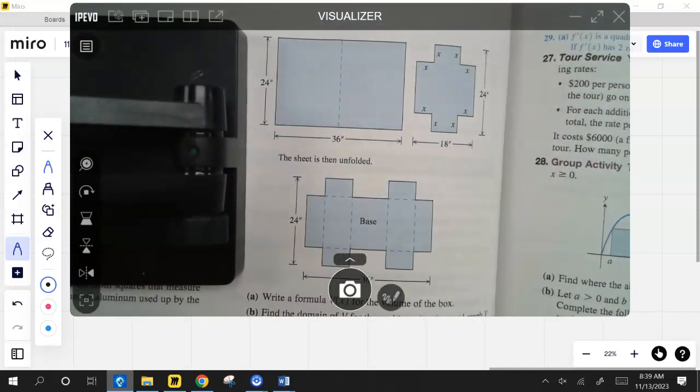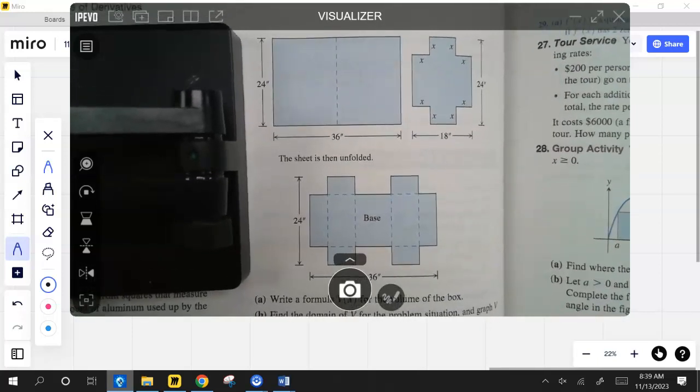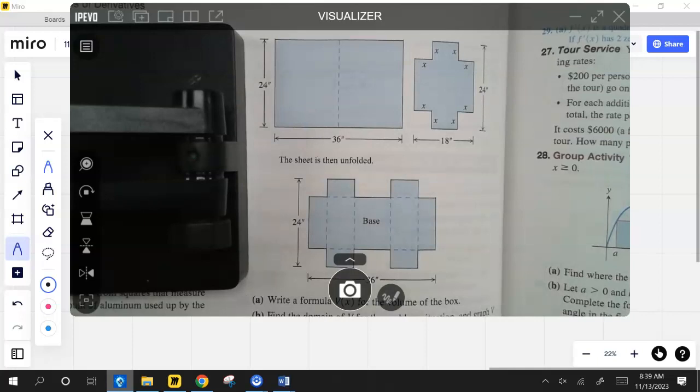All right, so the first ask, and you have to kind of visualize this being folded up into a box. So as opposed to the box we talked about Friday, this box does have a top to it, right? So it's folded over so that it forms an enclosed box. All right, so the first thing is the volume. Well, we know volume is length times width times height, right?